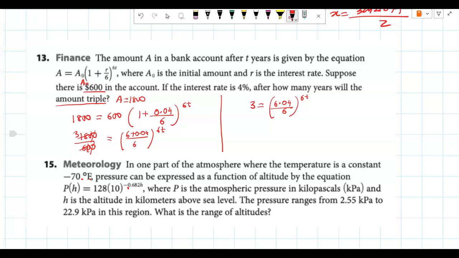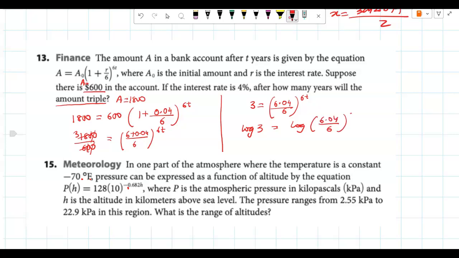Now what you can do is take logs on both sides. So log 3, you don't know the base, so you take logs on both sides. Or you can solve it with nSolve also.